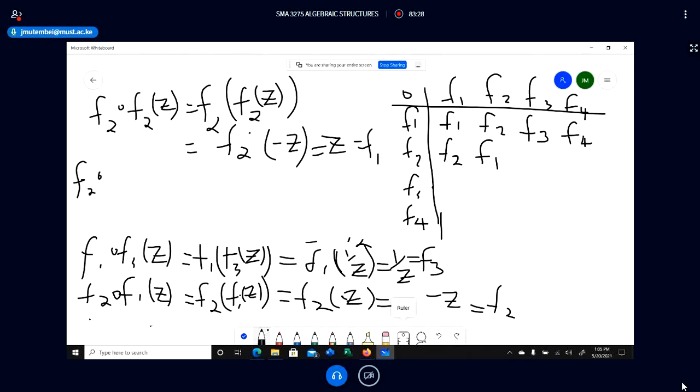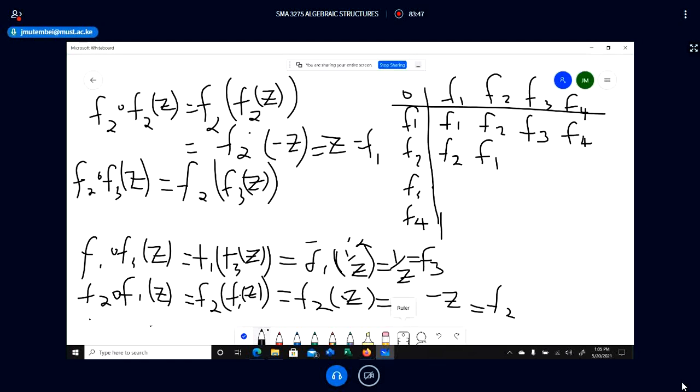F2 composite F3 of Z becomes F2 of F3 of Z, from the definition of the composite map.